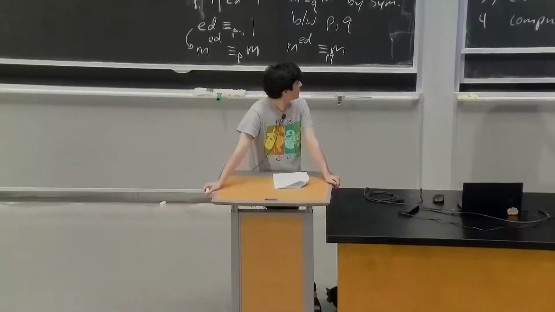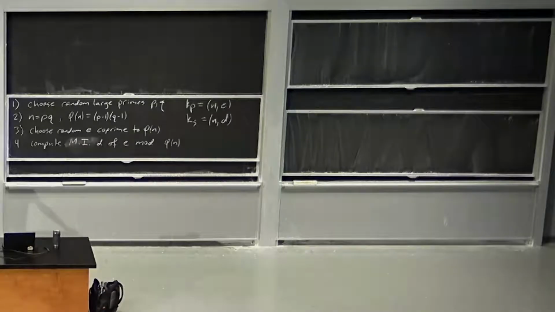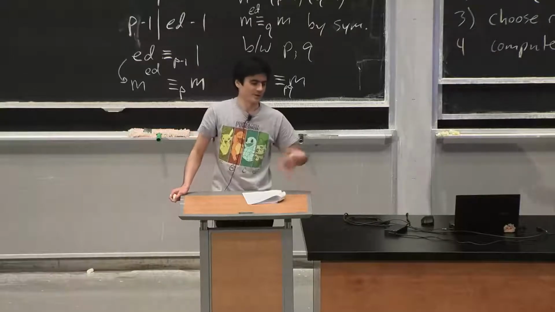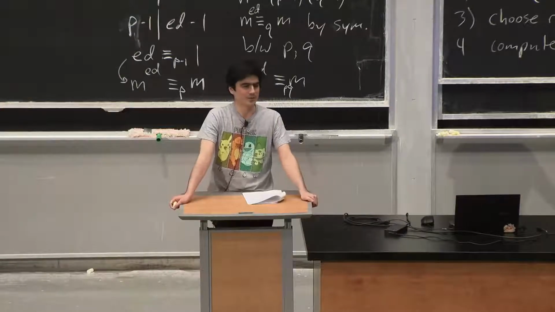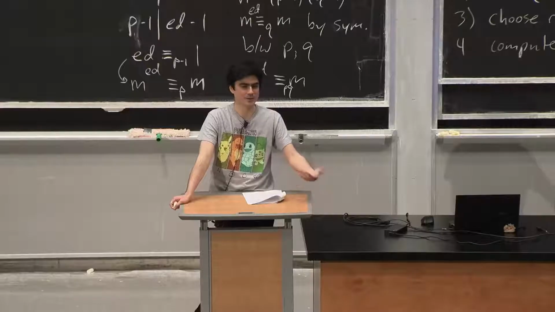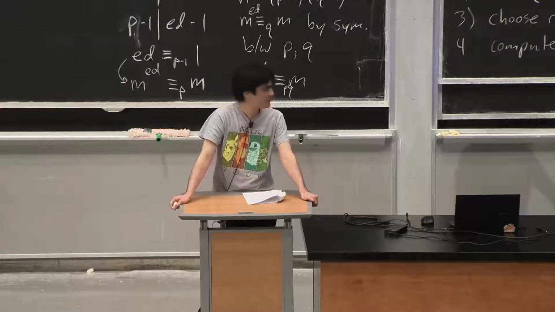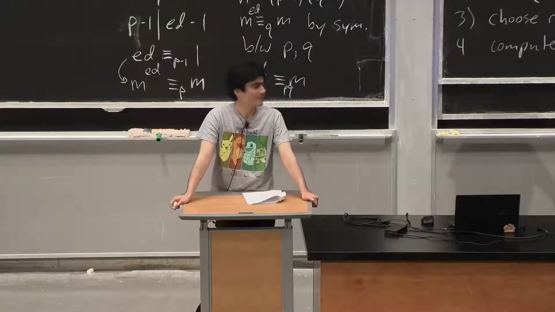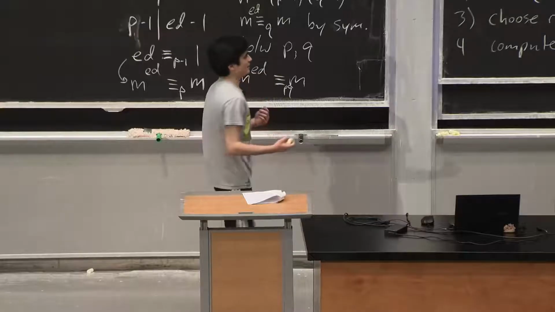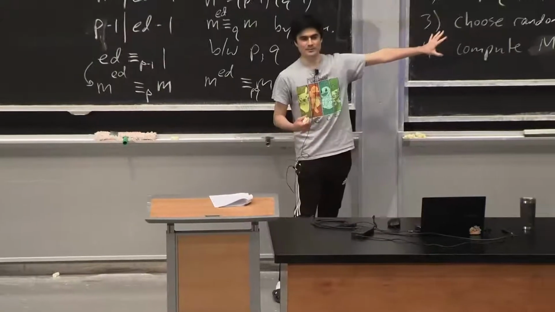Okay. How hard is it to choose e that's coprime? It's actually not that hard. In practice, you would not choose it totally randomly. You'd have a fairly small e so that encryption is efficient. But if you wanted to do it totally randomly, how many things are not coprime to phi of n?